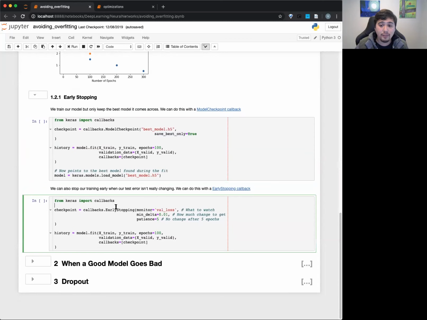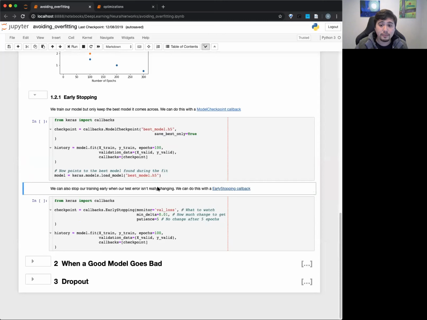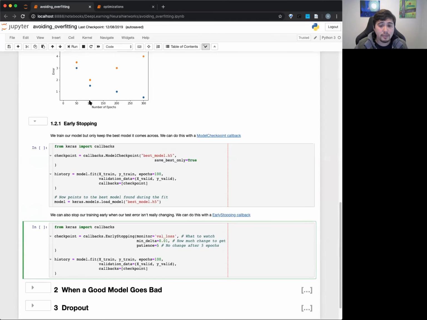Another option for early stopping is really called early stopping with Keras. Basically the idea here is, instead of just keep going, imagine we just spent 200 epochs of basically a waste of time. We should have stopped right here because the error pretty much stopped improving and started going up.